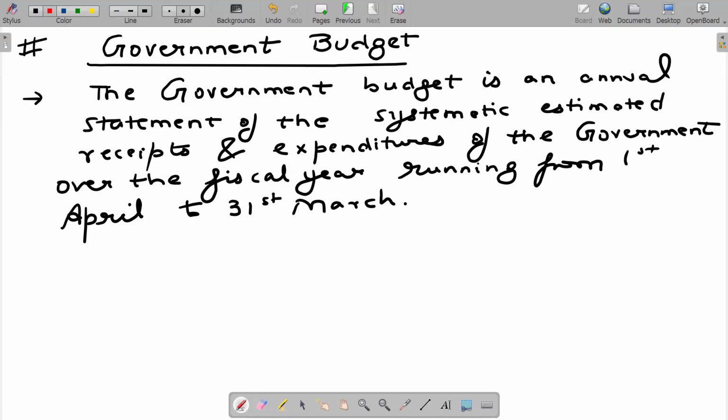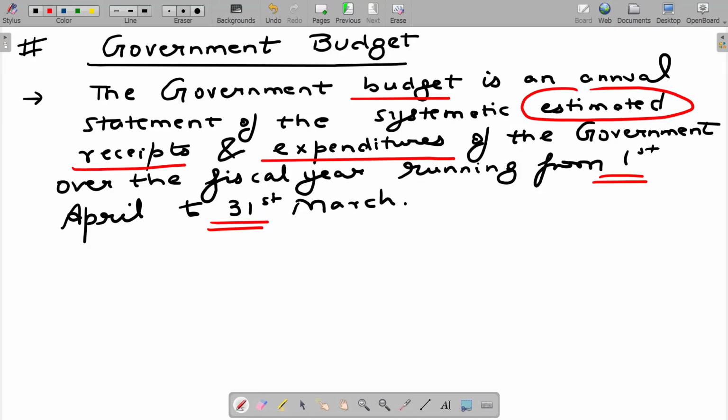That means during this particular fiscal year, the government budget is going to capture what are the estimated receipts of the government. Receipts, we are going to talk about later. It will tell us what are the tax revenue collections of the government, what are the non-tax revenue collections of the government, where did the government spend money, where is the government planning to spend its money.